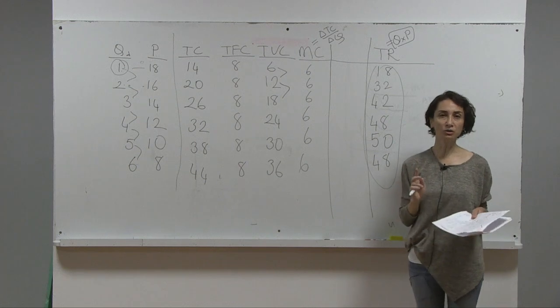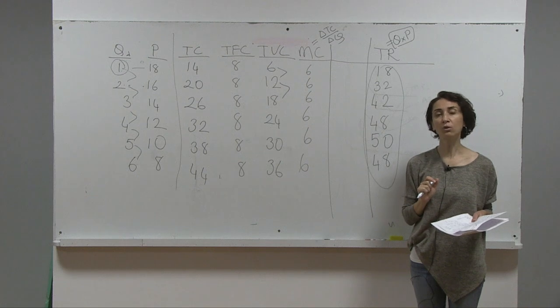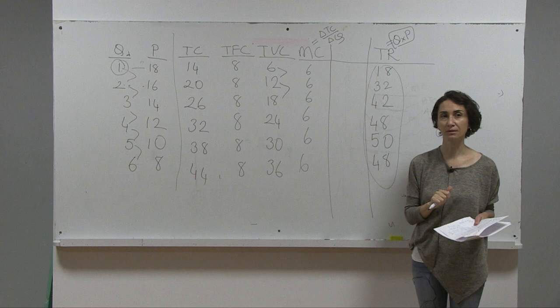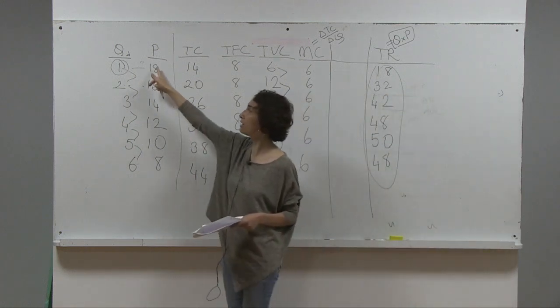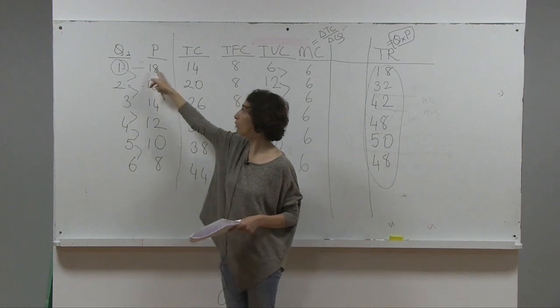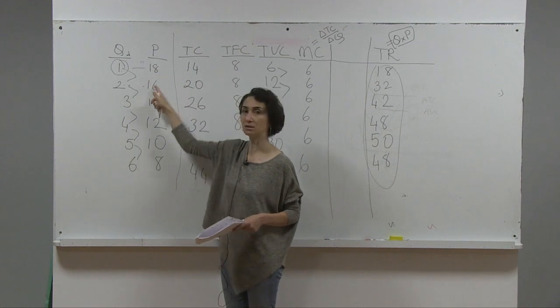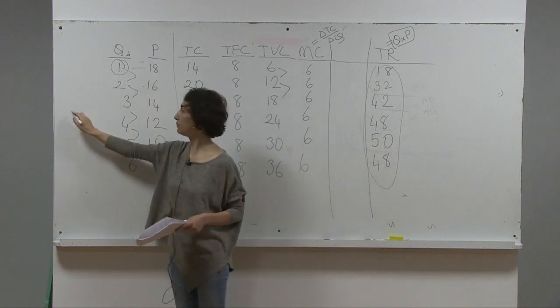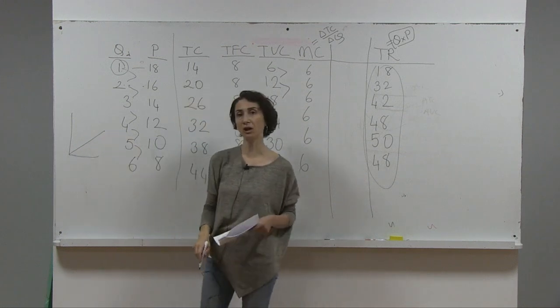Now, I just want you to remember how total revenue would look like in a perfectly competitive market. In a perfectly competitive market, this price was constant because firms were price takers. So we were multiplying rising quantities with a constant number. So if you remember, total revenue in a perfectly competitive market looked like this.